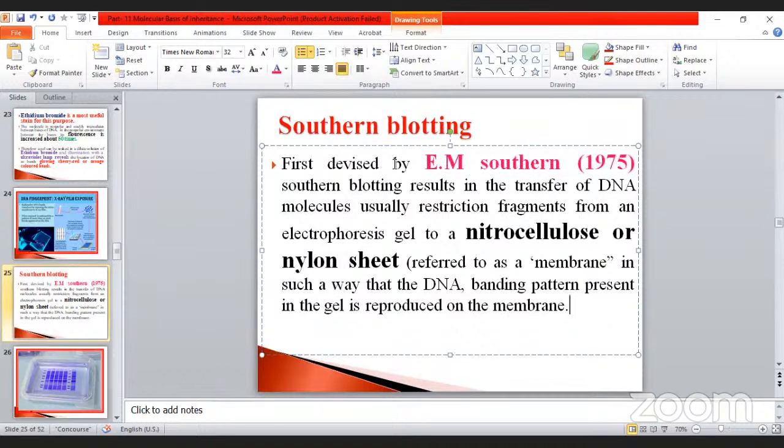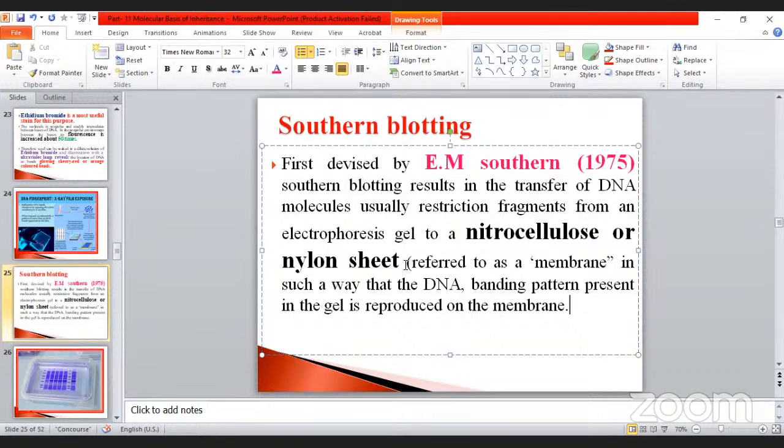It was first devised by E.M. Southern in the year 1975. Southern blotting results in the transfer of DNA molecules, usually restriction fragments, from an electrophoresis gel to a nitrocellulose or nylon sheet. Where to where?